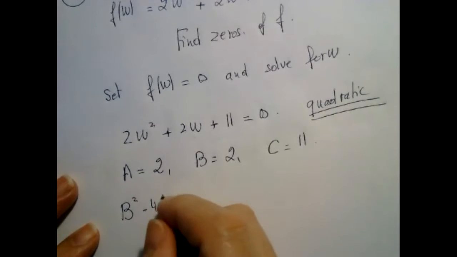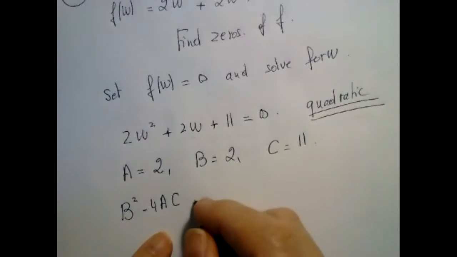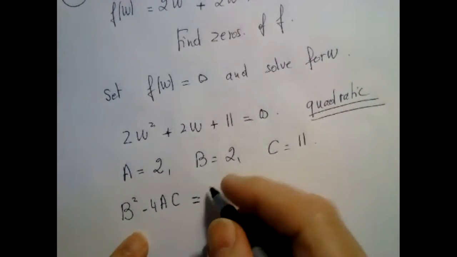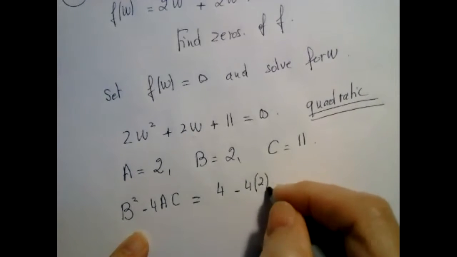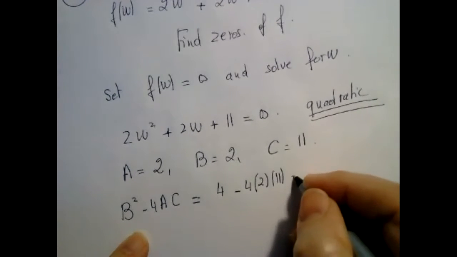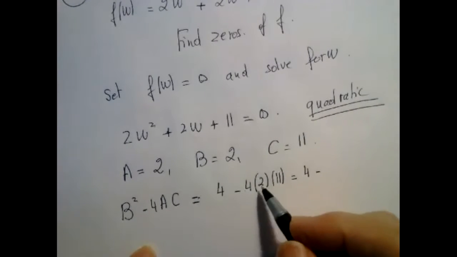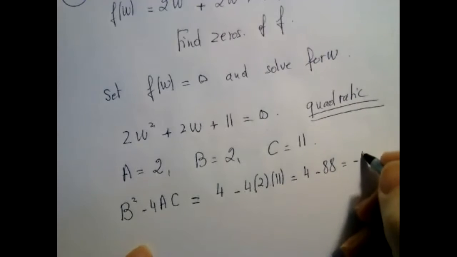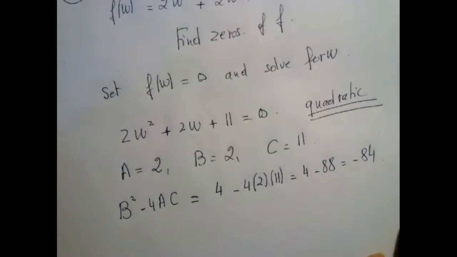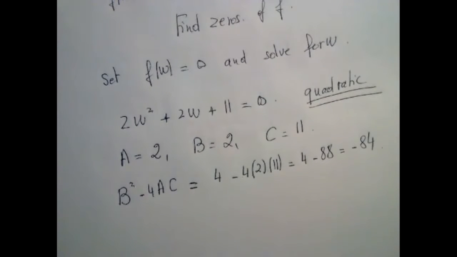We're going to compute this quantity, B squared minus 4 times A times C, which is 4 minus 4 times 2 times 11, that's 8 times 11, which is 88. So 4 minus 88 gives me minus 84. Okay, that's an interesting problem. I compute B squared minus 4AC and I get a negative number.